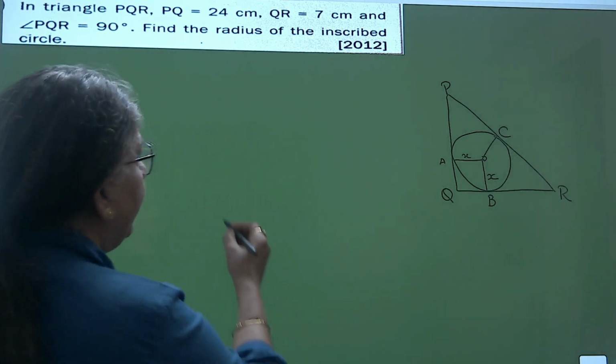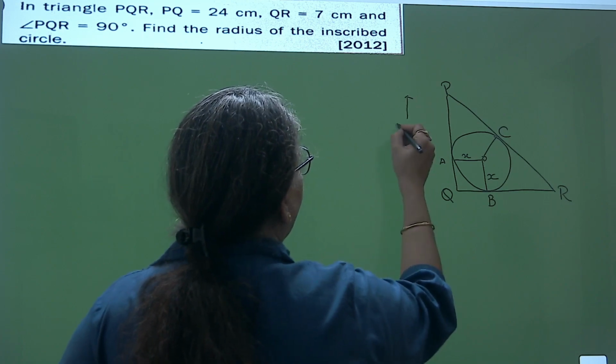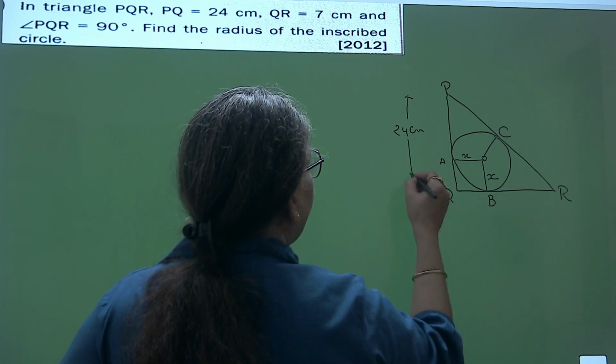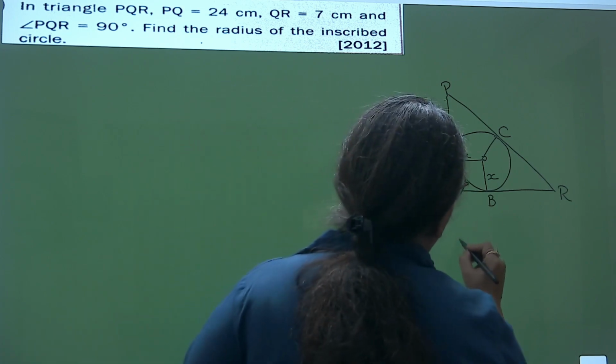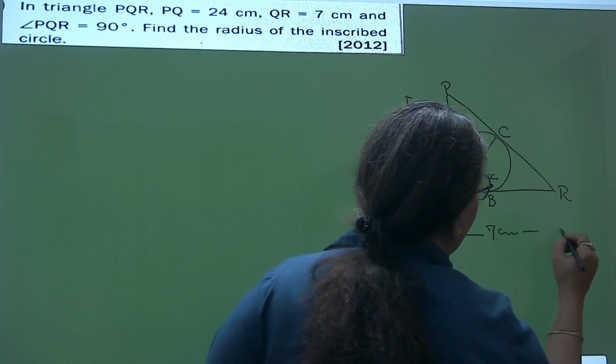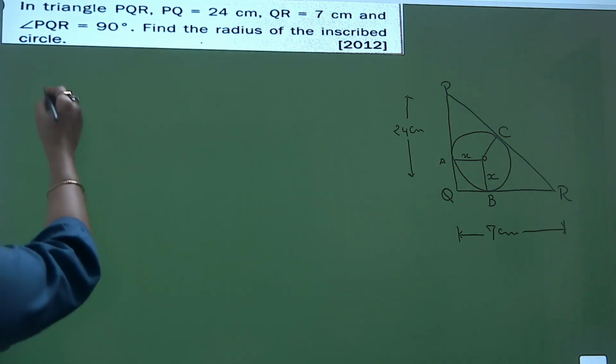PQ is already given, 24 centimeters. This distance is 7 centimeters.